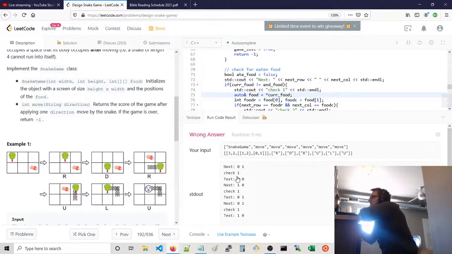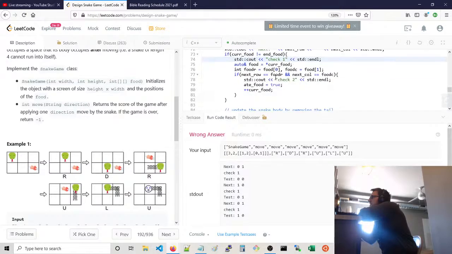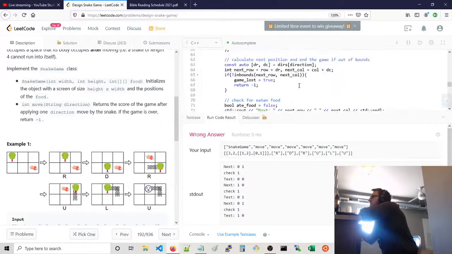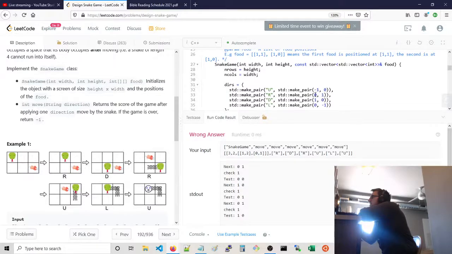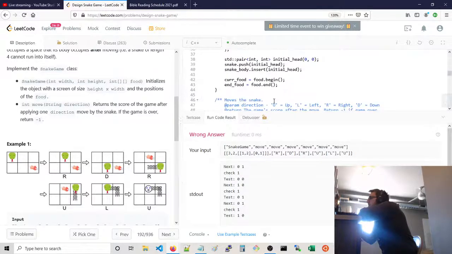And then check 1, we hit that, okay. And we don't hit check 2. Then next is 1, 0, we go down, which is not correct. Okay, so down is not correct. Down should be 1, 1, really. Why don't we get 1, 1?